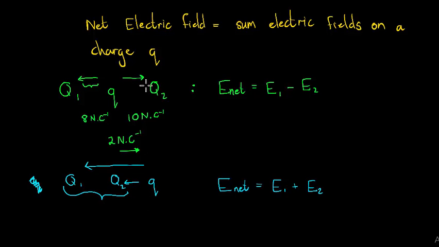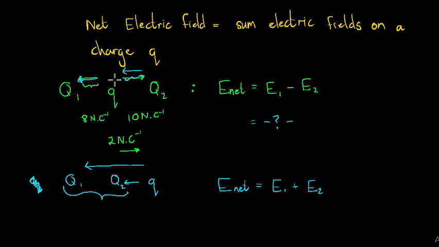Now again, if, for example, in this case this one is attracting and this one is repelling, then notice that if this one is attracting me, it means this charge is negative, which means I will have a negative answer here.